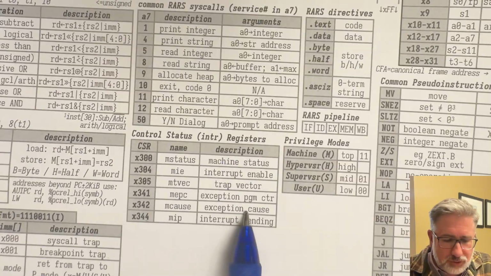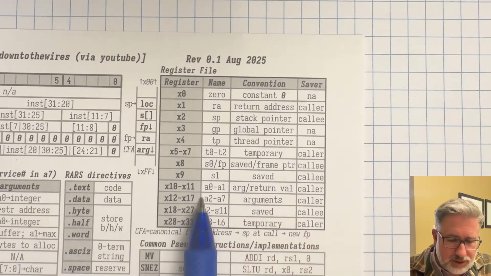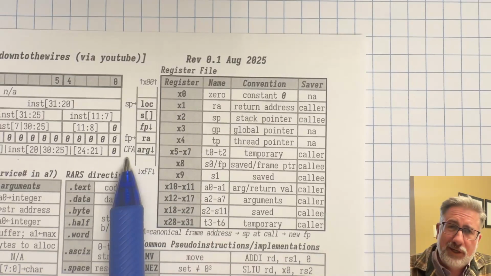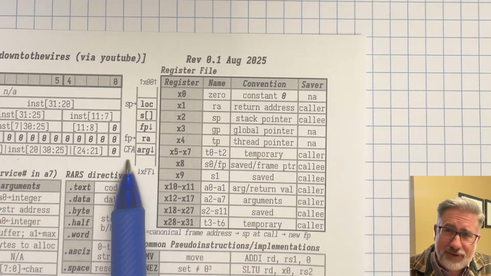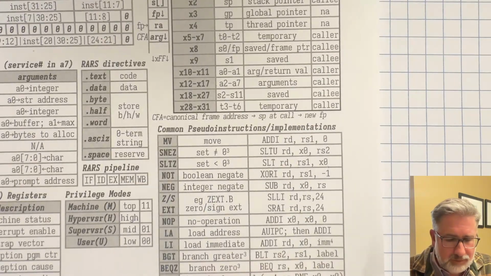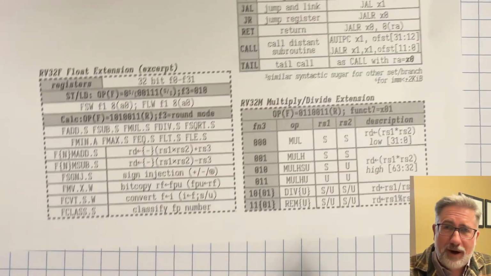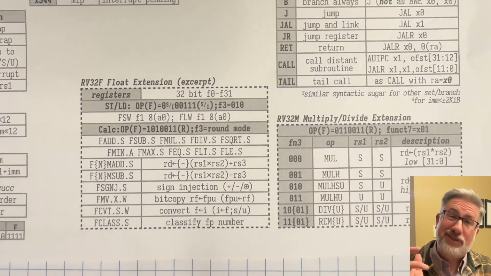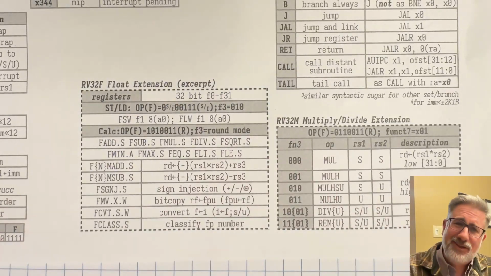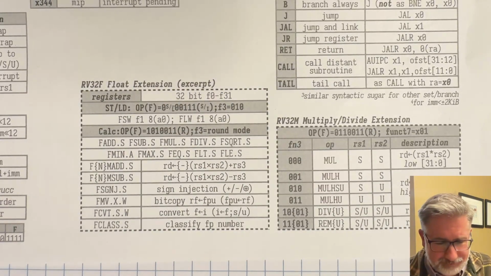And then we've got the control status registers, the privilege modes, and then on to the right side we've got the register file. I've got a little sort of typical conventional stack frame as a reference, and then common pseudo instructions. Now down at the bottom here are 2 extra bonuses because there's a bit of space left on this sheet that I'm thinking about what to put in here.